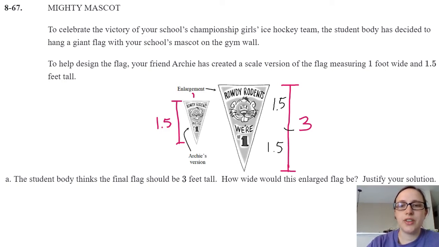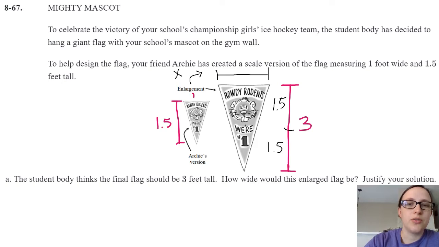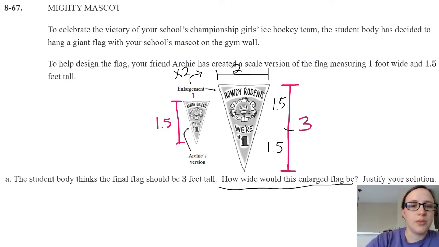Since that small height goes into the big height 2 times, that means that this width is going to be 2 times larger. So then what is 1 times 2? That's right, it would be 2 feet tall. Or sorry, not 2 feet tall, 2 feet wide. So how wide would this enlarged flag be? It would be 2 feet wide.